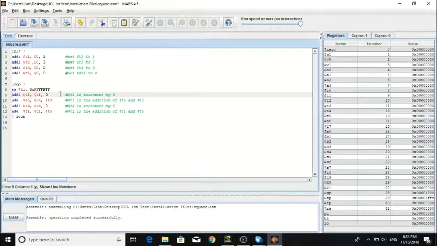Addition adds $t1 by 0 increment, and $t5 is equivalent to the addition of $t4 and $t3. After that, $t4 is incremented by 2 and $t1 is finally equivalent to the addition of $t1 and $t5. The function is then looped around again to repeat the cycle.